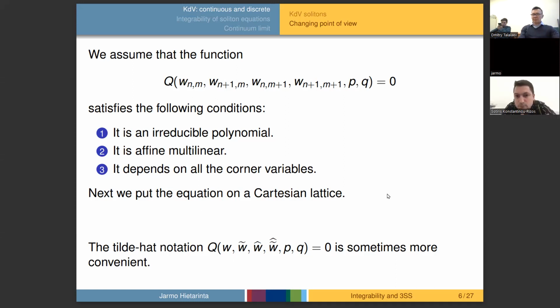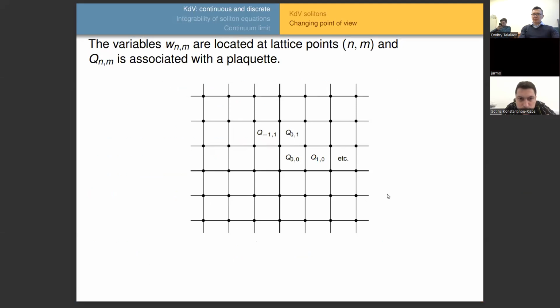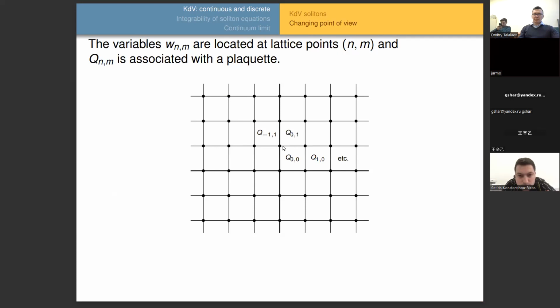It's some exercise in mind to change notation. Okay, so here is our lattice now. The variables W are located at these lattice points. And Q, we associate with these plaquettes because it connects the 4 corner variables.